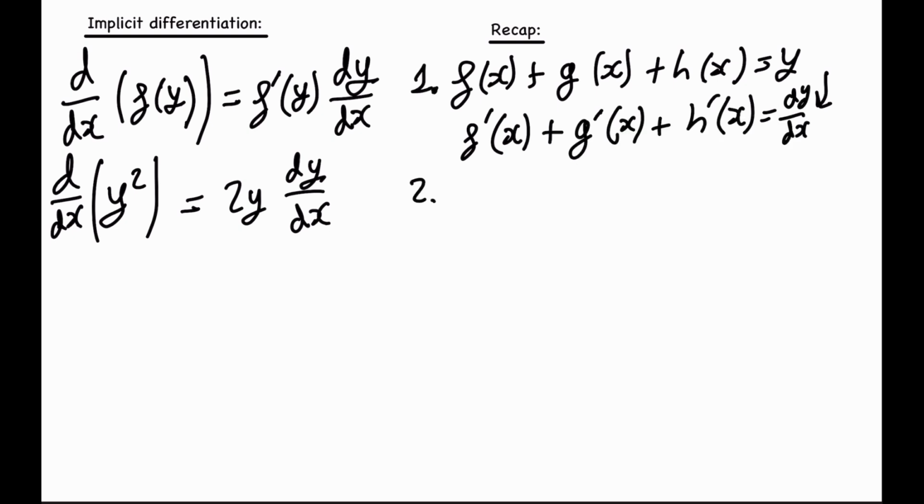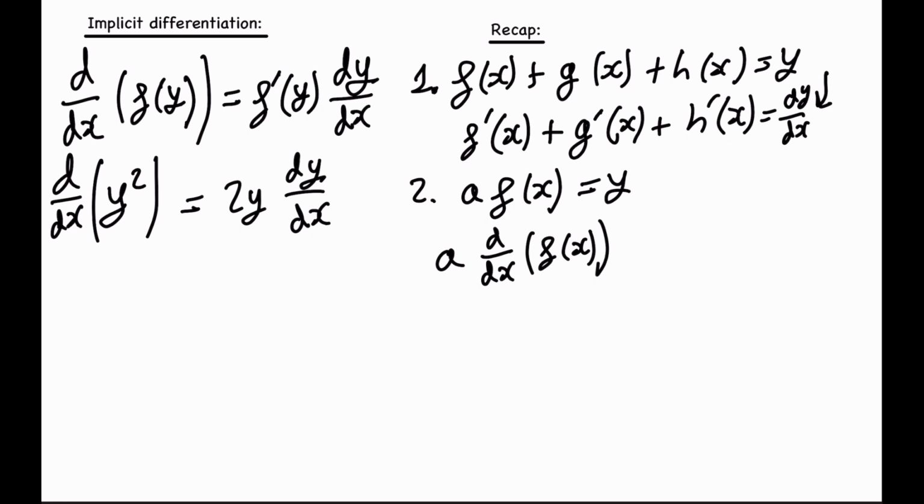Second, if you have a constant term in front of a function of x, you can just take out the constant and only differentiate the inside to get dy over dx, and keep the constant multiplied on the outside by the new differentiated form. So you'll get a f dash x is equal to dy over dx.